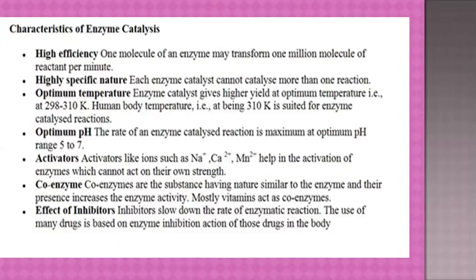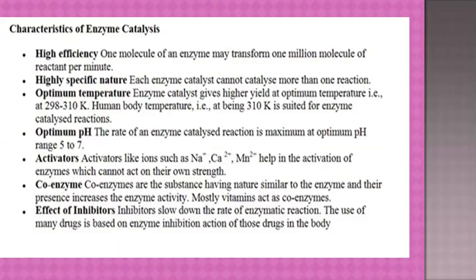Activators and coenzymes can increase the efficiency of enzyme catalysis. Activators are generally metal ions such as sodium, manganese, cobalt, and copper ions. These ions, when weakly bonded to the enzyme molecule, can increase the catalytic activity. Now, what is a coenzyme?